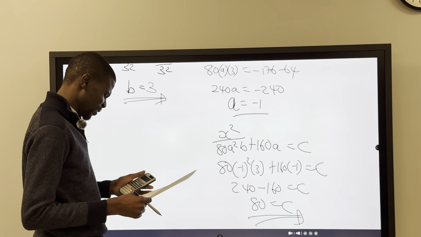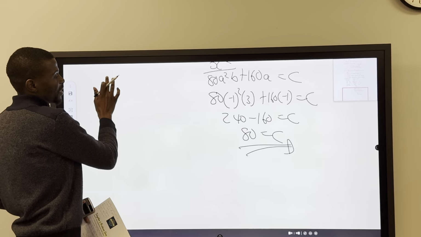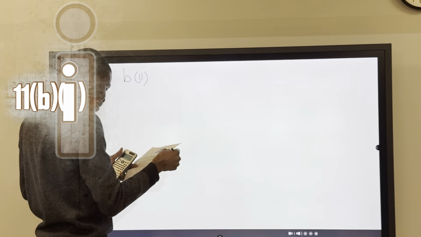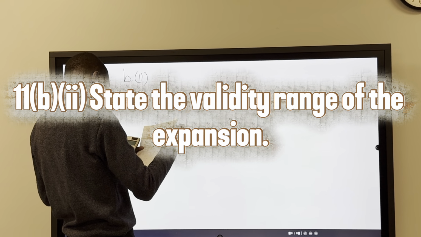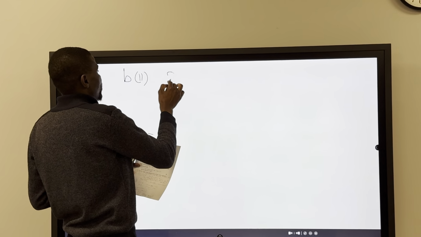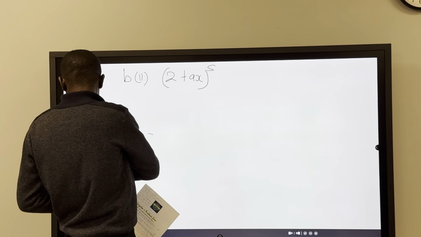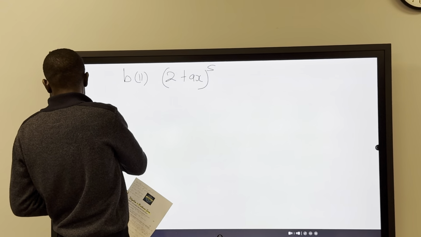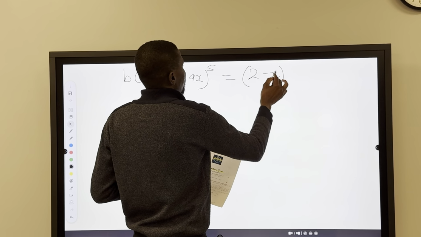So now let's go ahead and do B item 2. Remember we have this for validity. We have (2 + ax) to the 5th power, which is equal to (2 minus x) to the 5th power.